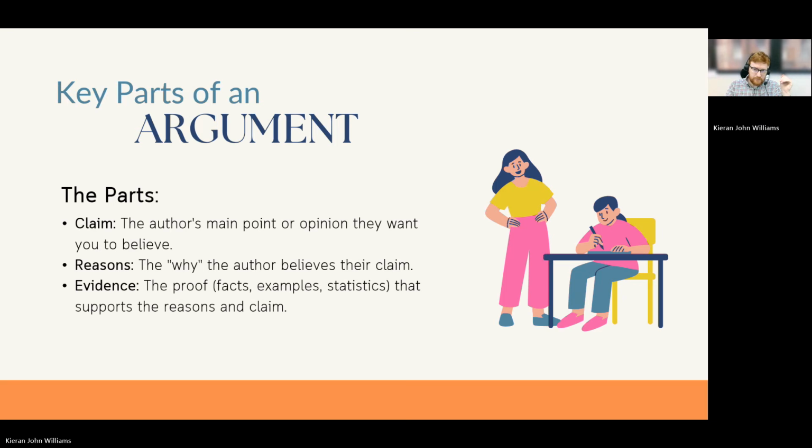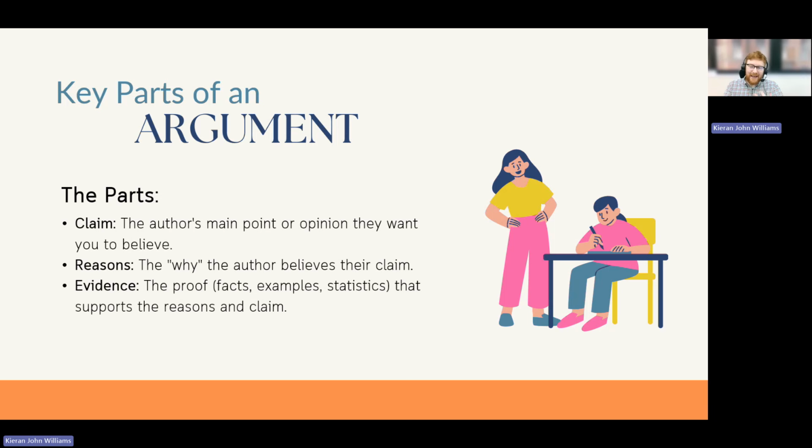Okay. So every argument has three essential parts: the claims, the reasons, and the evidence. Let's break these down a little bit before we build on this topic. The claim is the author's main point, the opinion or conclusion they want you to believe. The reasons explain why the author believes their claim is true or valid.